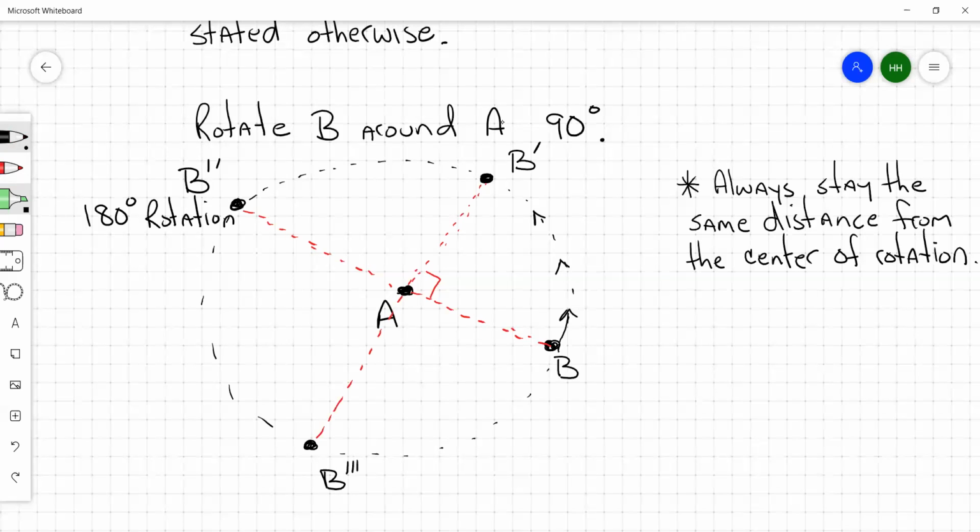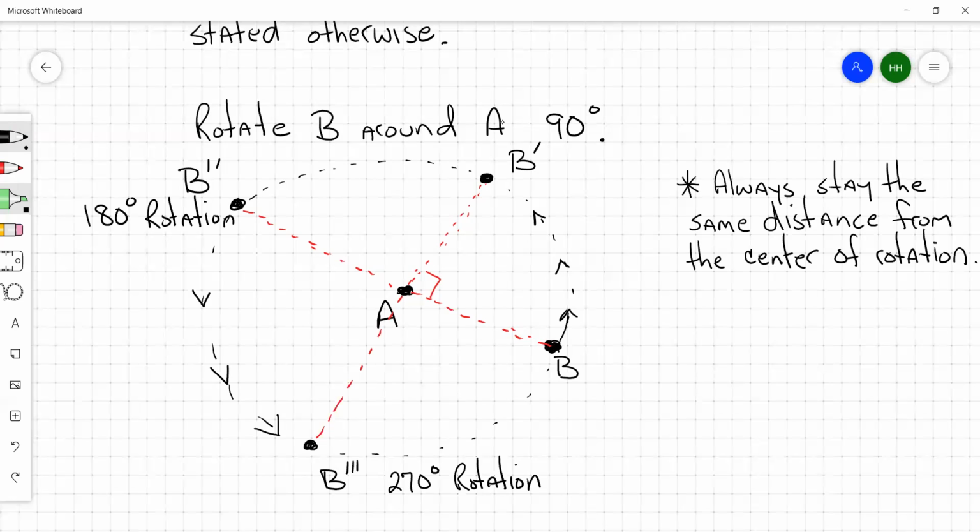How many degrees rotation is that? That's 270, right? That's a 270-degree rotation. And if you went all the way around the circle and landed right back on the original point, isn't that a 360 rotation around point A?